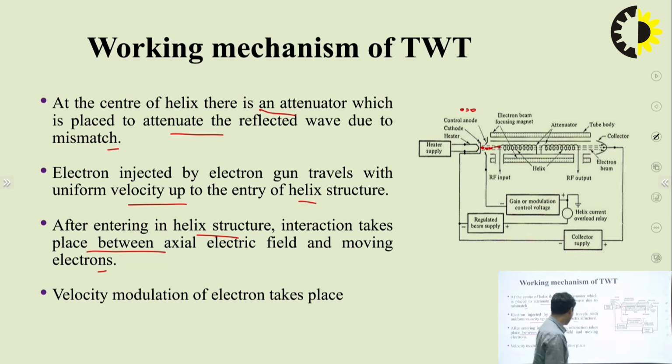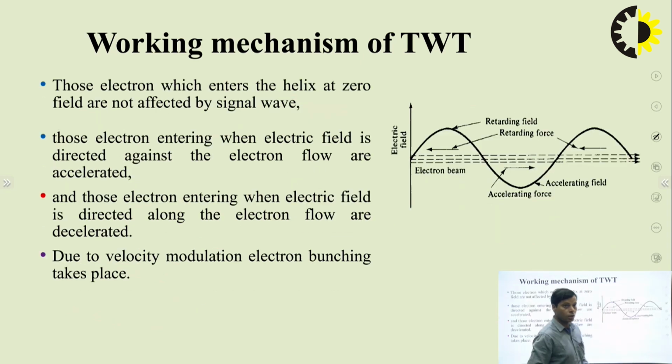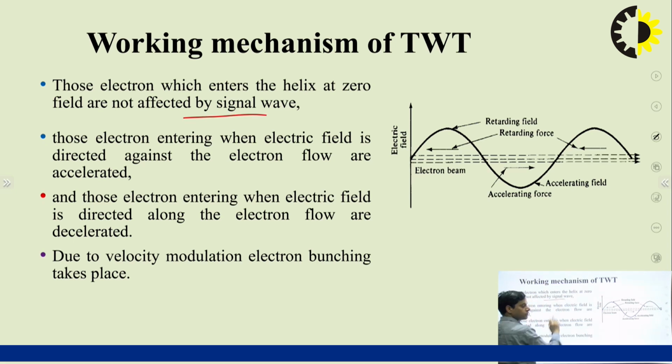So ultimately what will happen? The velocity modulation will take place in this structure. This velocity modulation is responsible for the bunching of electrons, and after bunching the signal will be amplified at the output. Those electrons which enter the helix at zero are not affected by the signal wave, as I have discussed already.